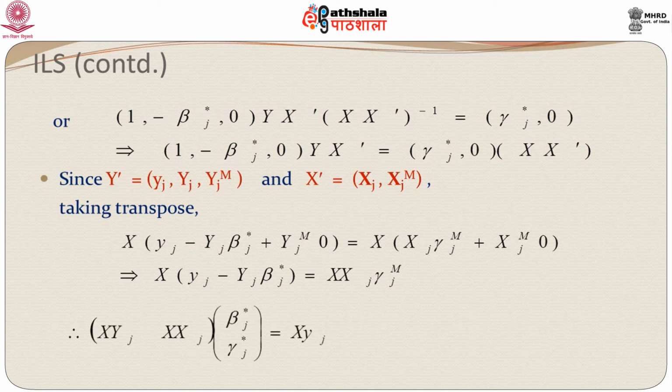So, ultimately, after a little simplification, we come to the last equation here, where we have a matrix x yj, first component, and the second component is x xj, and we have 2 components for the vector of parameters beta j m and gamma j m, which is equal to x y j. These are the normal equations which we need to solve.